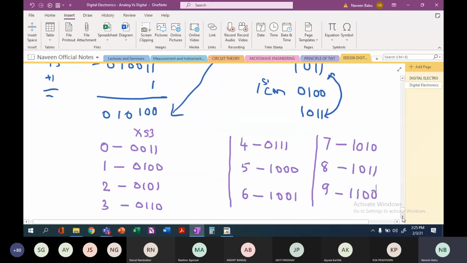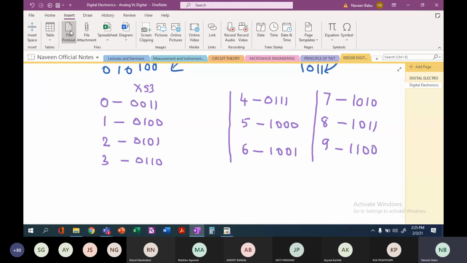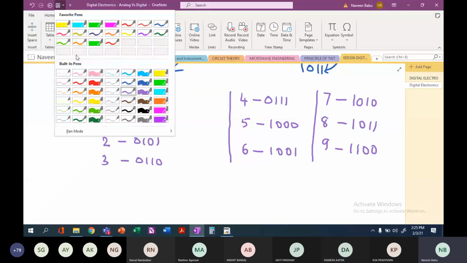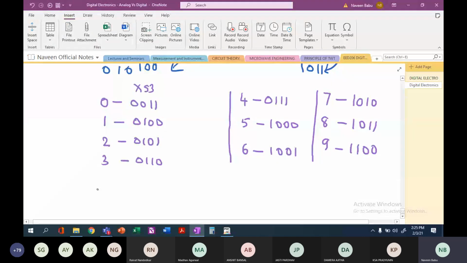What are the codes that are left? Let us start from 0, right? So the invalid codes are 0000, 0001, and 0010. Coming after 9, 1101 is an invalid code, 1110 is an invalid code, and 1111 is an invalid code.